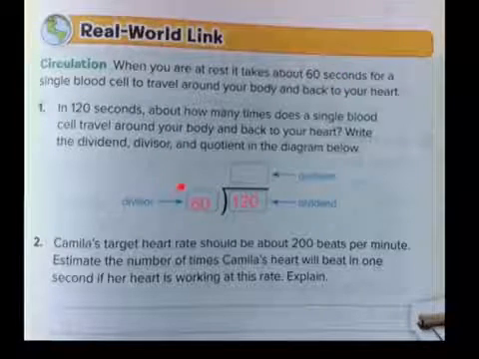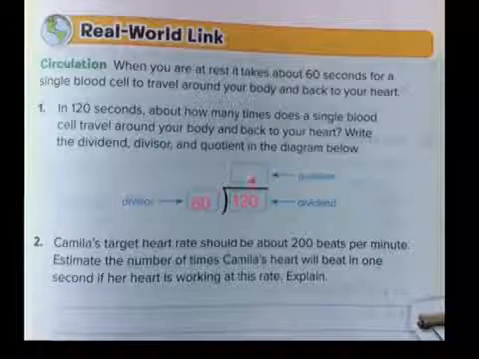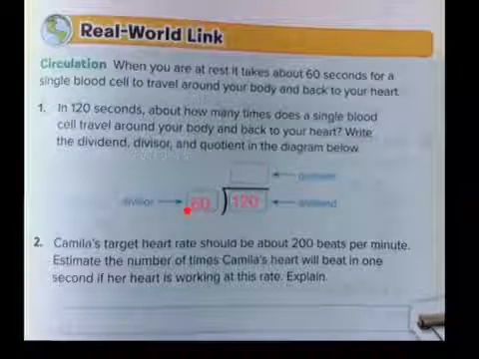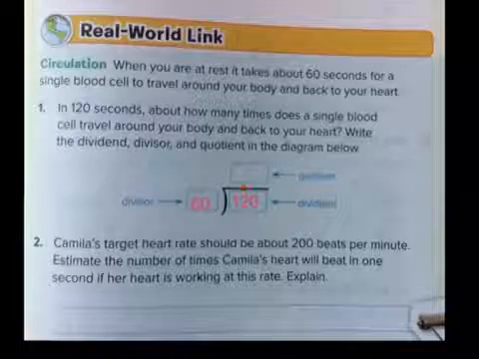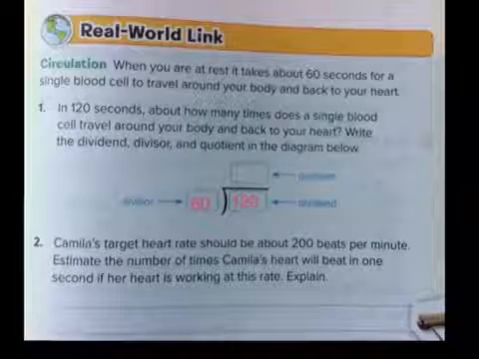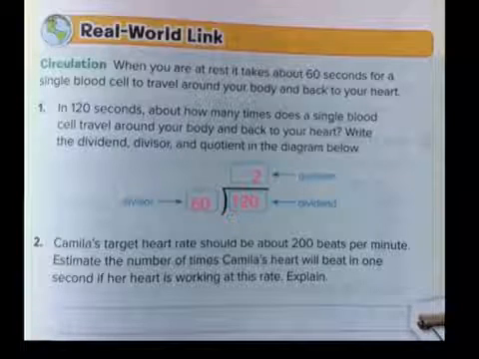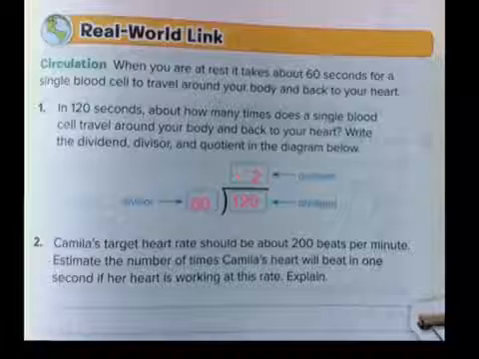So this is one full one, and this is how many seconds it took. So we take the total amount and divide it by the length it takes to do one, so that we can figure out how many times. Well, how many times does 60 go into 120? We know it's 2, because 60 times 2 is 120. So we took our dividend divided by our divisor of 60, and we got the quotient of 2.